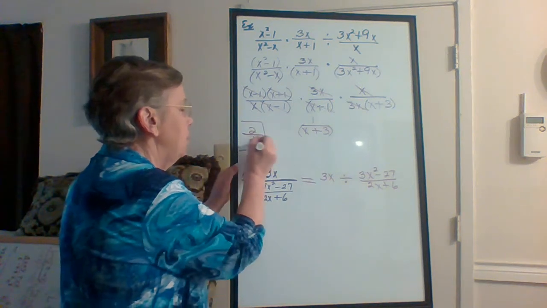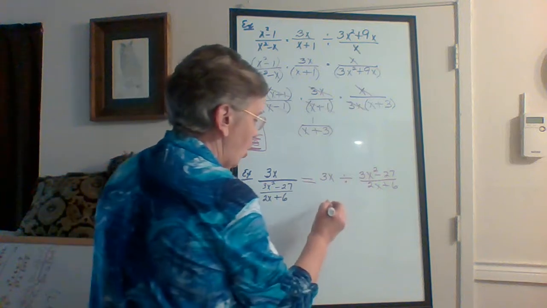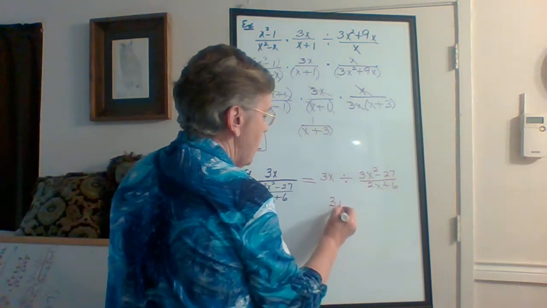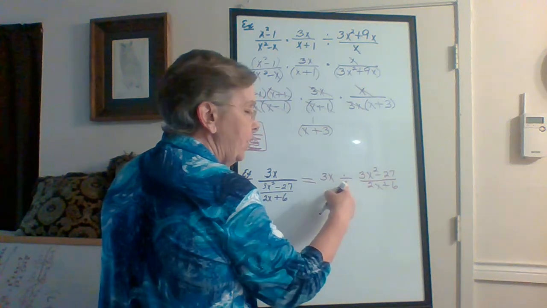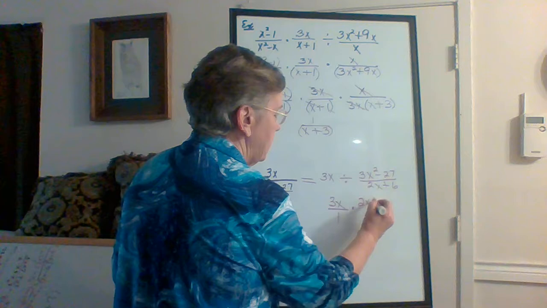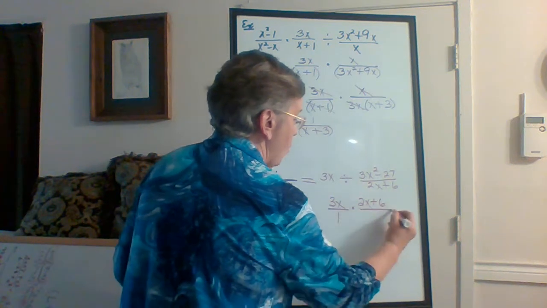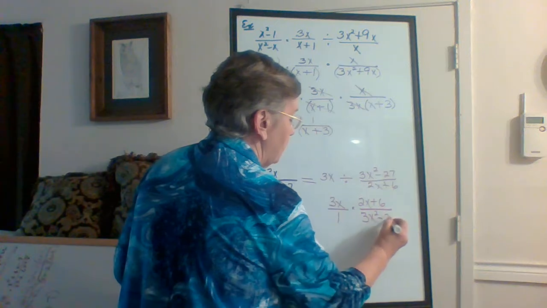That's not it, but it's similar. Okay. 3x over 1. Flip over division. 2x plus 6 over 3x squared minus 27.